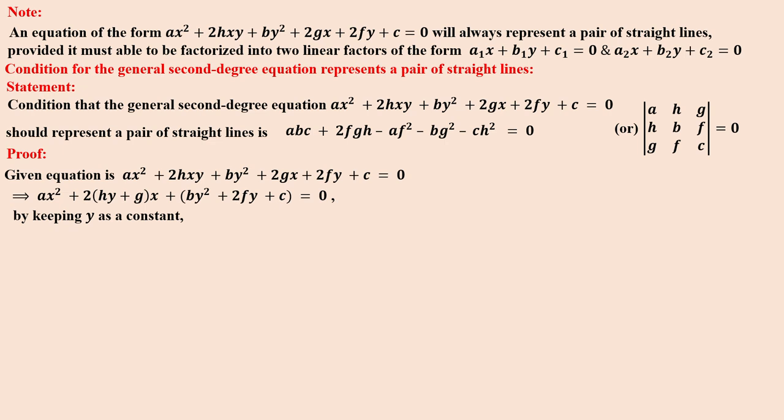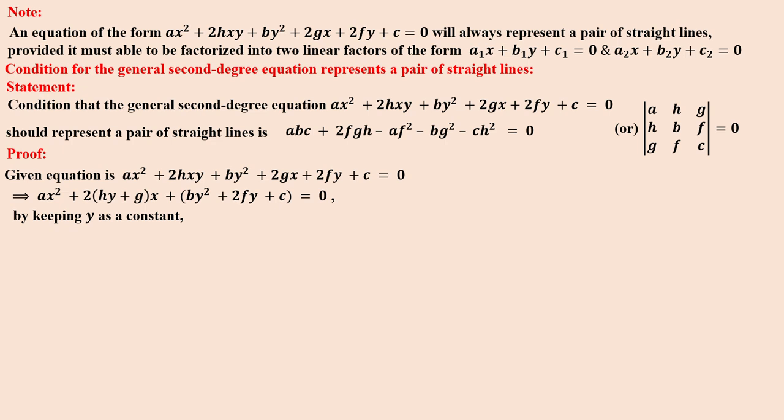Then we get ax² + 2hxy + 2gx, where x is common, so 2 into (hy + g) times x. Then the remaining terms are the y terms and the c term: by² plus 2fy, which are also y terms, then c is a constant term. So considering these three terms as a constant, this is a quadratic in x.